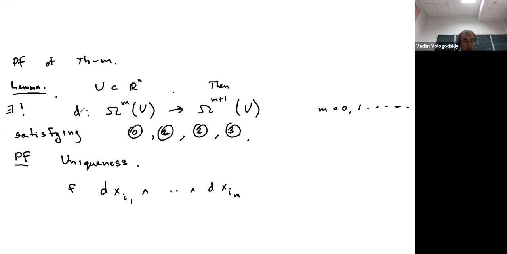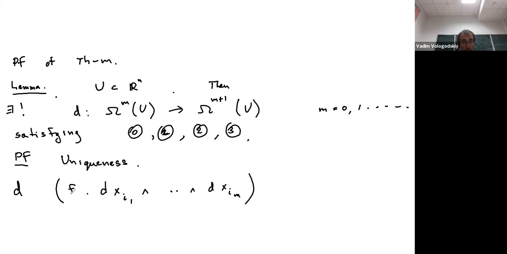Well, suppose I have two maps like this, D and D prime, satisfying all these properties. It's enough to show that D is equal to D prime on forms of this type. So let's use properties 0, 1, 2, and 3 to compute D of this. Suppose that it exists. I want to show that its value is determined by 1, 2, and 3. Well, this is a product of a function and forms, and D. So you can apply the Leibniz formula many times, right?